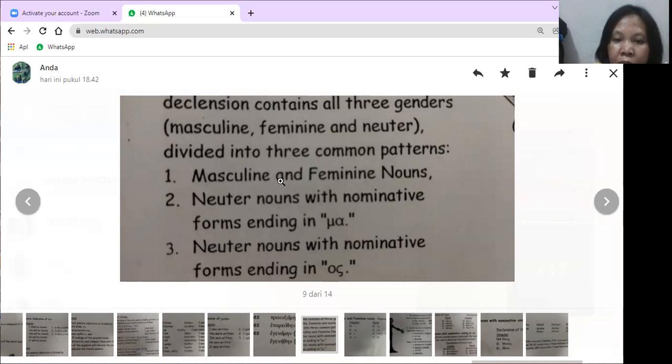First, masculine and feminine nouns. Second, neuter nouns with nominative form ending in ma. Third, neuter nouns with nominative form ending in os.